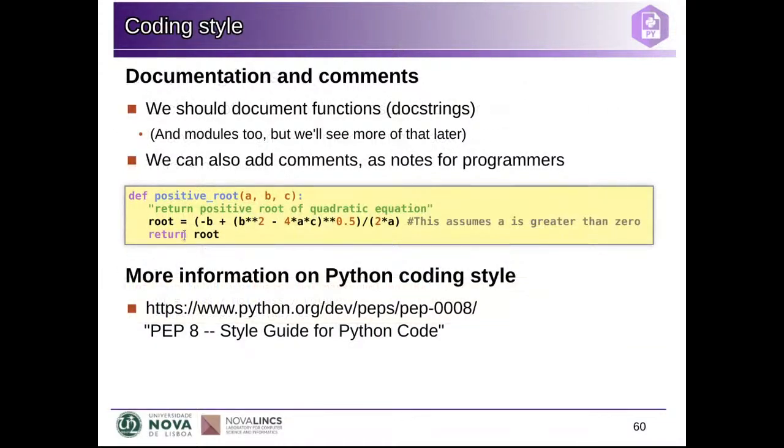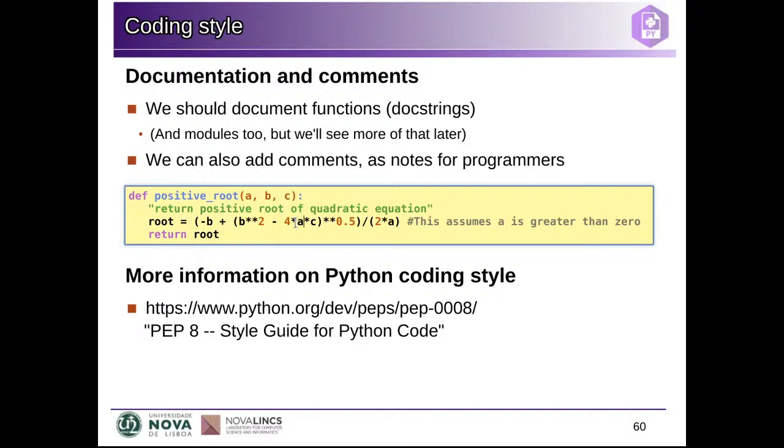We also should document the code. So these strings here are useful for knowing what the functions do, and also for help if the user is going to use it. If you want, you can add comments that can warn of some things. For example, when we compute the positive root of this quadratic equation, we are implicitly assuming that this part here is greater than 0, so that this has a real solution.